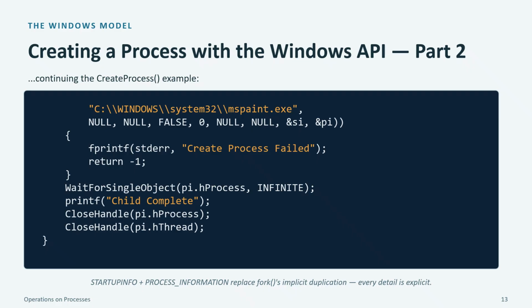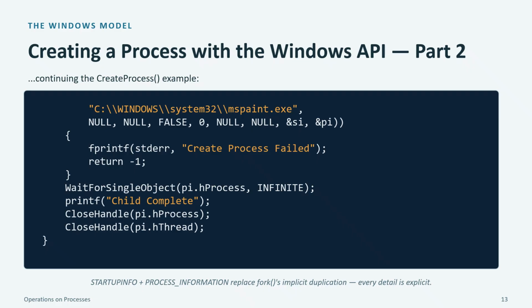Now let us continue the Windows example. The program specified in this example is c:/windows/system32/mspaint.exe. So the newly created process will launch Microsoft Paint. If CreateProcess fails, the program prints "CreateProcess failed". If the process is created successfully, the parent can wait for the child using the WaitForSingleObject function.